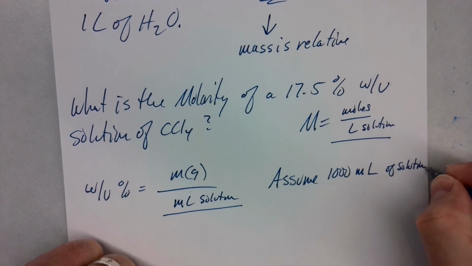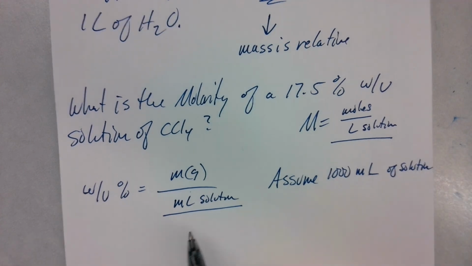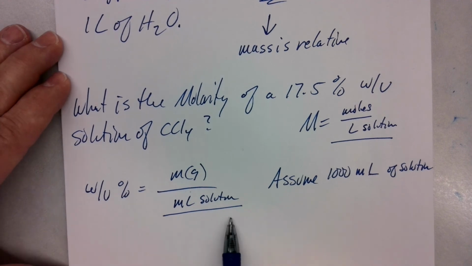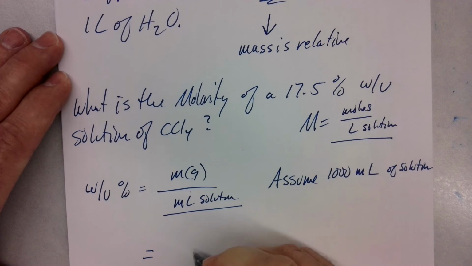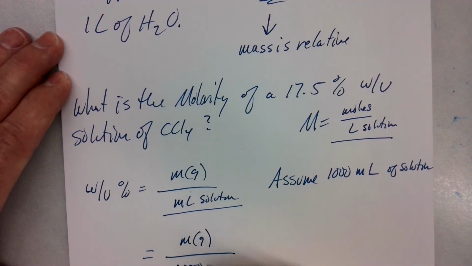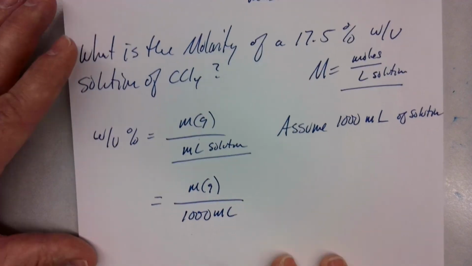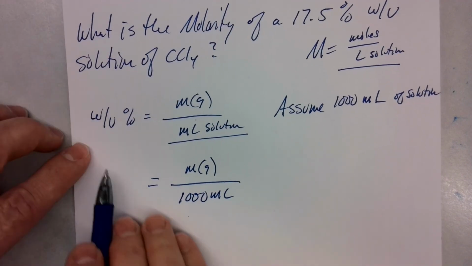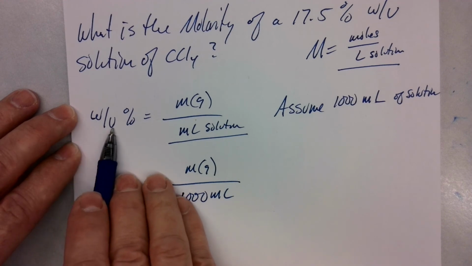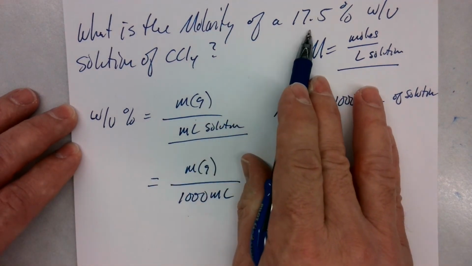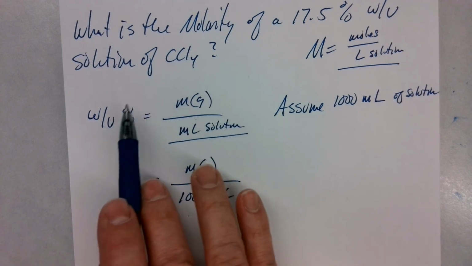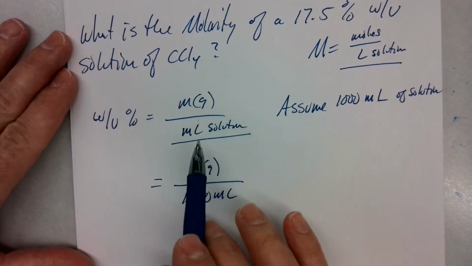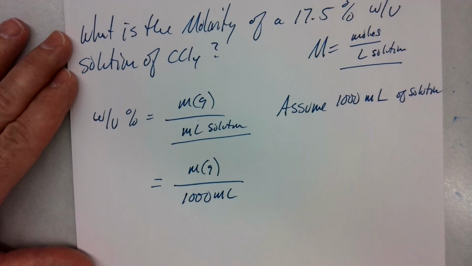Okay? So now I can go back to this equation and say, okay, if I assume I've got 1,000 milliliters of solution, it's my mass in grams over 1,000 milliliters, right? Well, I know that that's got to equal my weight to volume, which was 17.5%. Now, there is one part of this we didn't put in there. Yeah, I had to times it by 100, right?